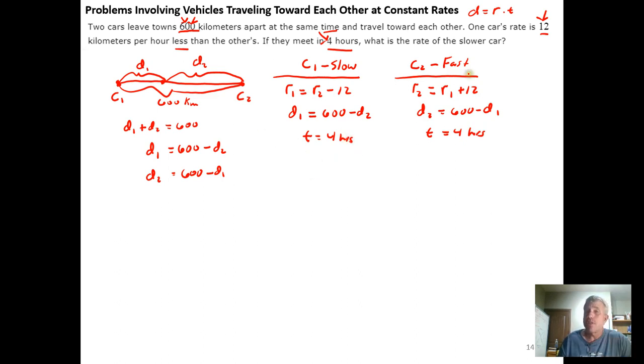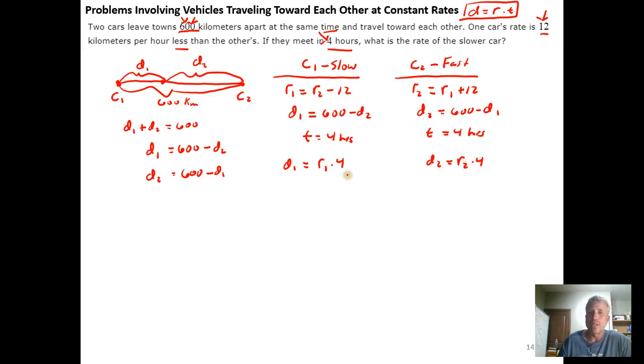So for each of the cars, the distance equals rate times time relationship is going to hold. So I know that distance 1, the distance traveled by the slow car, equals the rate of the slow car times time. And I know that the distance 2 traveled by the fast car is going to equal the rate of the fast car times time.